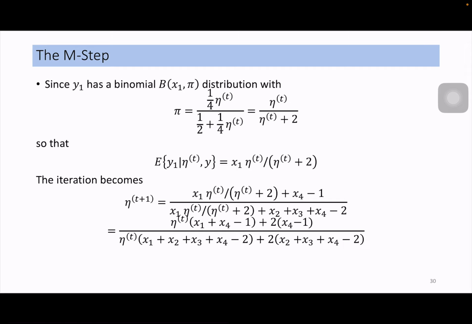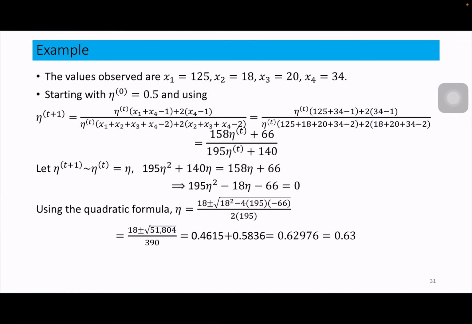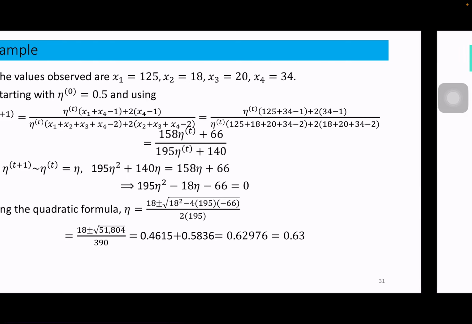From the implicit formula, you get a quadratic equation which will give you two values. Using the quadratic formula, x equals minus b plus or minus the square root of b squared minus 4ac, divided by 2a, you find the values.